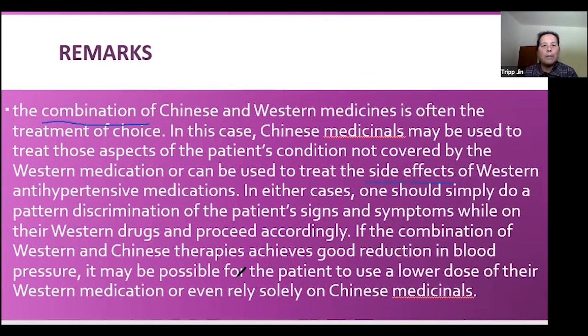So that's basically the combined use of TCM and modern medicine. The same goes for hypertension patients. So that's how we finish hypertension.